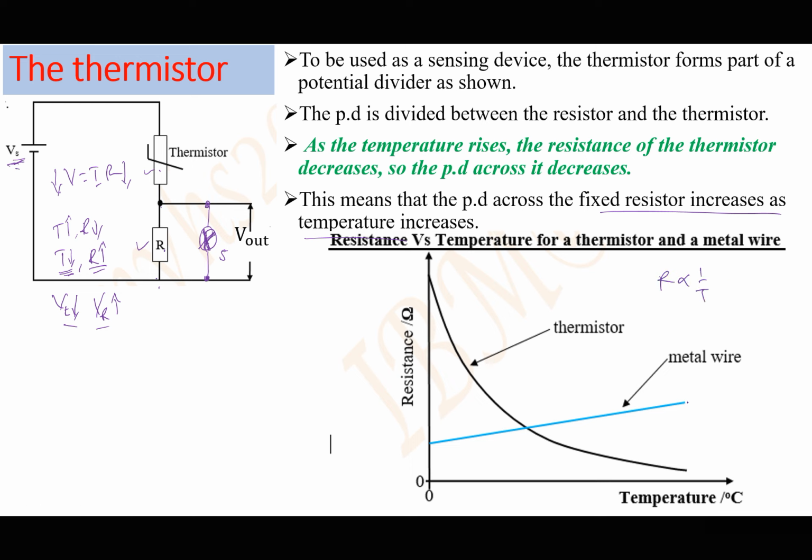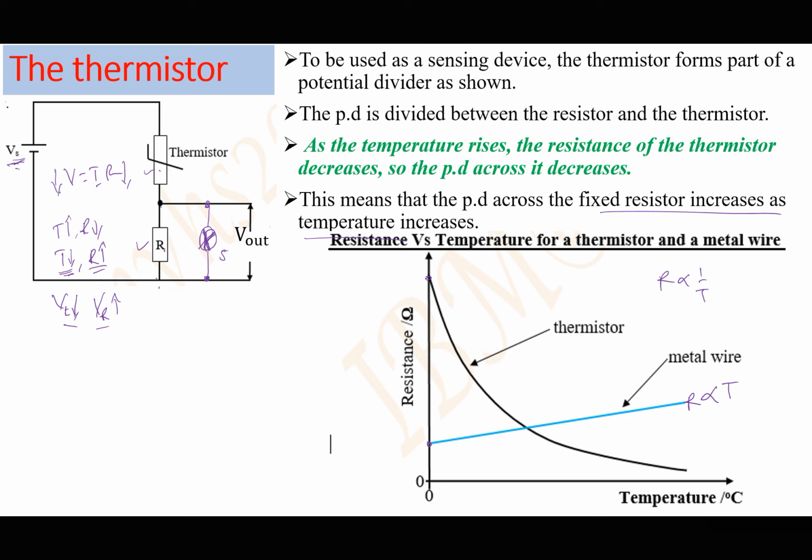But remember, for a metal wire, we saw that resistance was directly proportional to temperature. Note that in both cases, the graphs do not start from zero because all materials have some resistance even at the lowest temperature, even at 0 degrees Celsius. That's why these graphs do not start from zero.